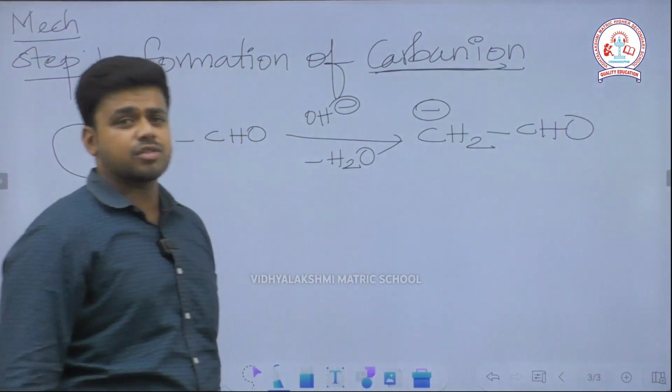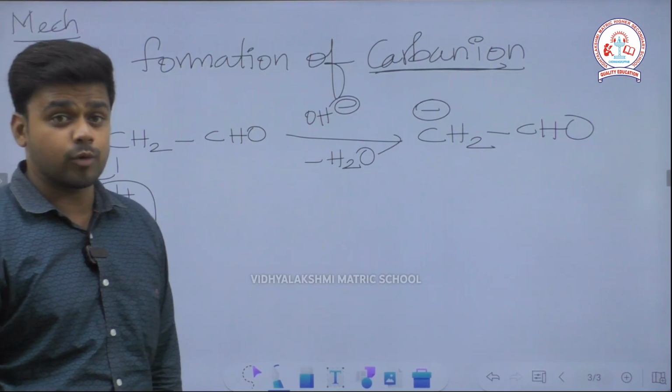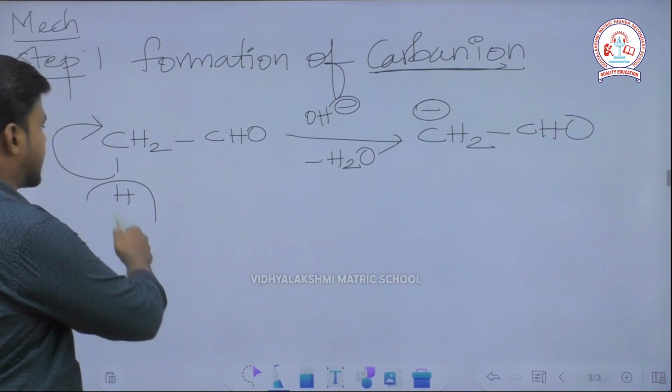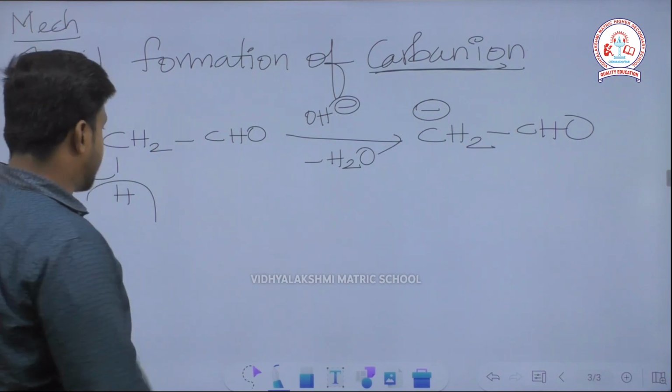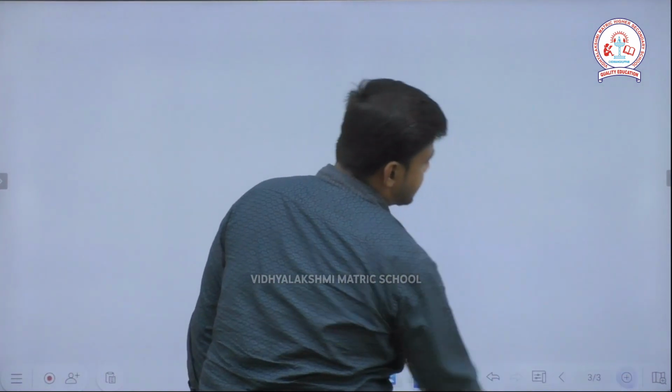The first step involves the formation of the carbanion. Since the reaction is carried out in the presence of a base, the base will abstract the alpha hydrogen. Thereby the negative charge shifts over the alpha carbon. It forms the carbanion.